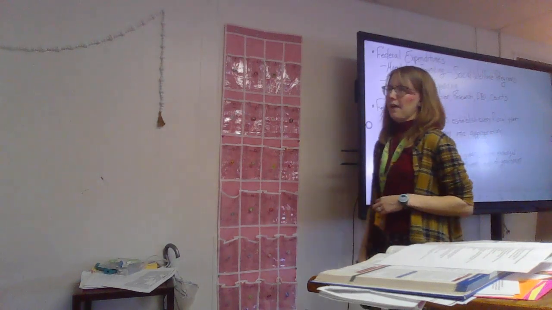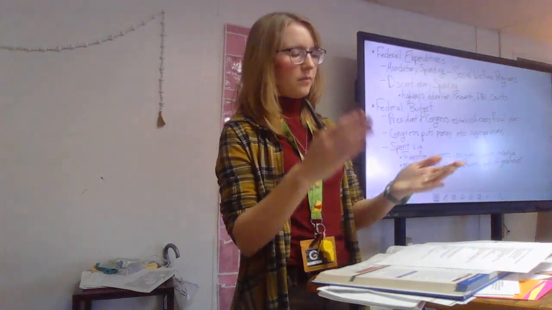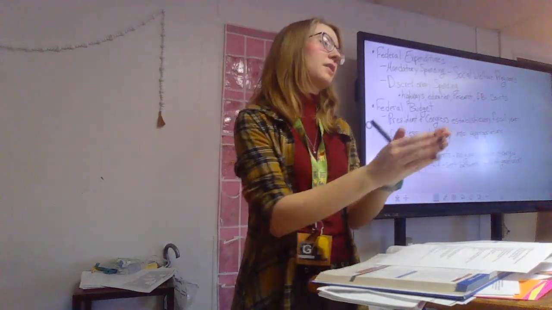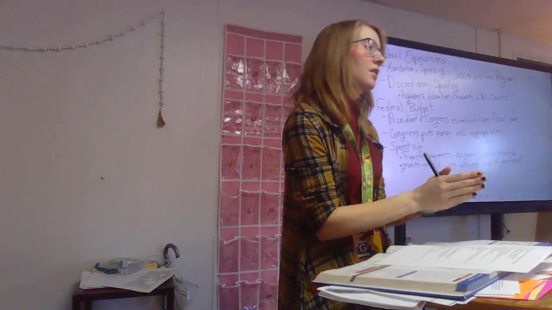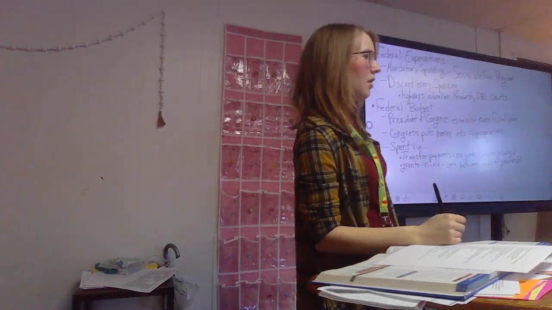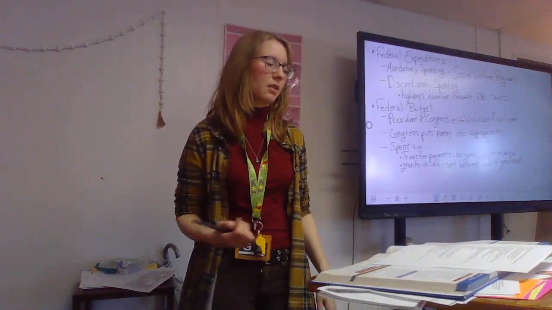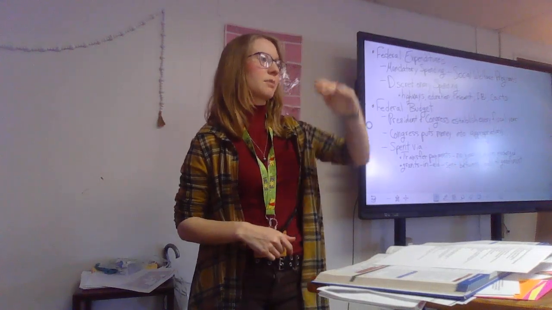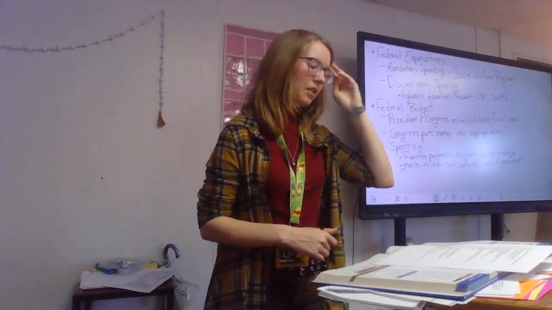So if the federal government takes money and sends it to the state government, and the state government sends it to the local government, and the local government spends it on new roads, or they spend it on education, things like that, that's going to be a grant in aid because it's passed down one way or the other through the government.